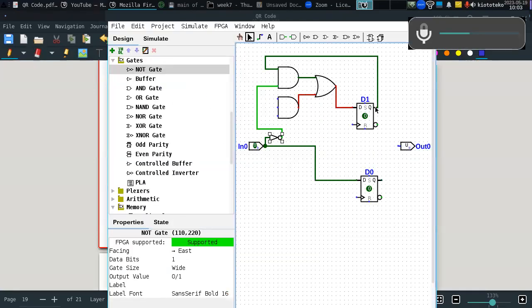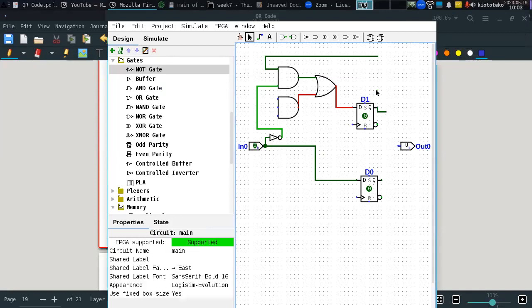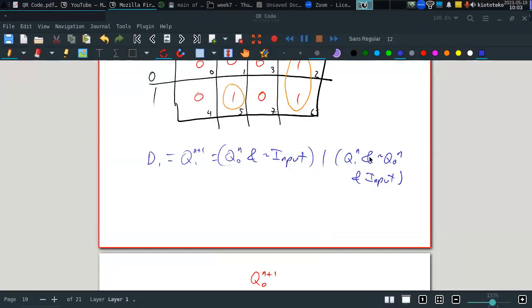No, but this is not Q0, sorry. Q0. Okay. Q0 and not input. So that's what we have here. And then Q1, not Q0, and input.